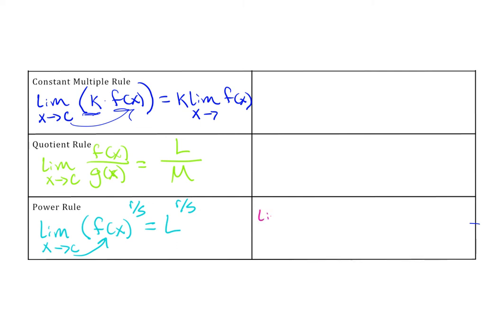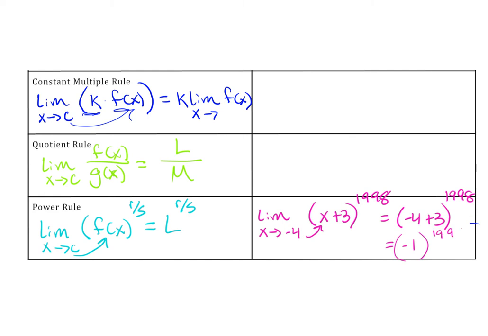So if I have the limit as x approaches -4 of the function x plus 3 to the power of 1998, find the limit by just doing direct substitution, -4 plus 3, and then raise it to the power. So that is -1 to this large power, which ends up just going to +1.